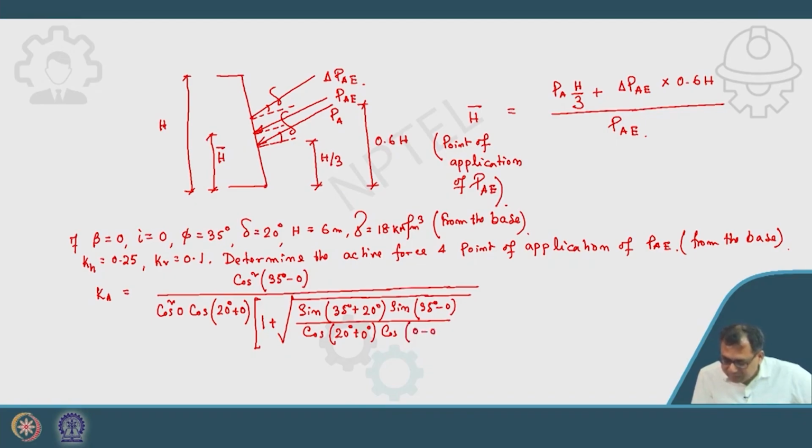So 0 degree minus 0 degree, and cos 0 equals 1. That is whole square. If I put these values, I get 0.245.